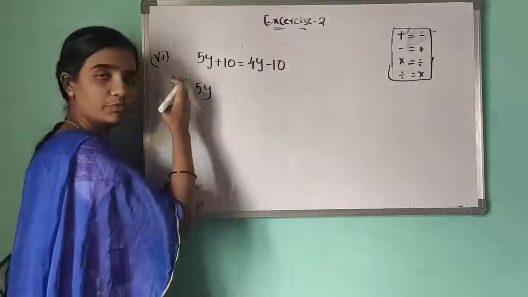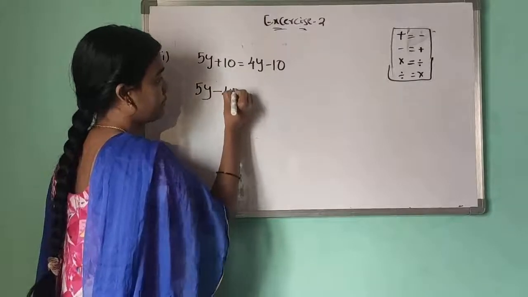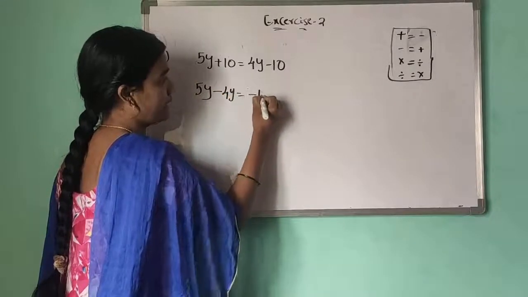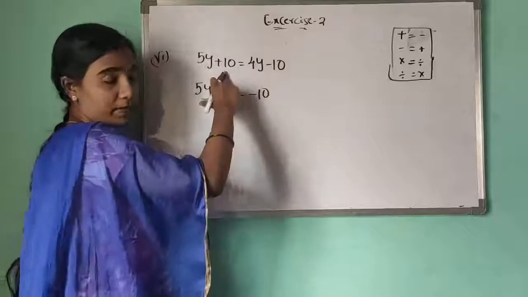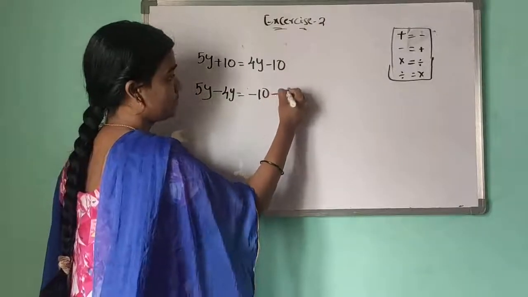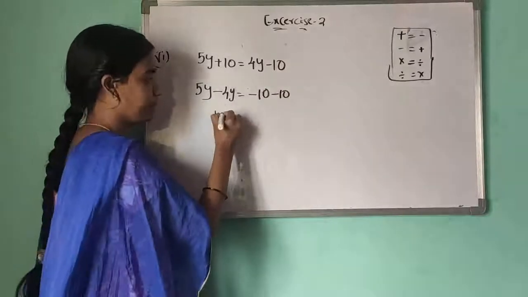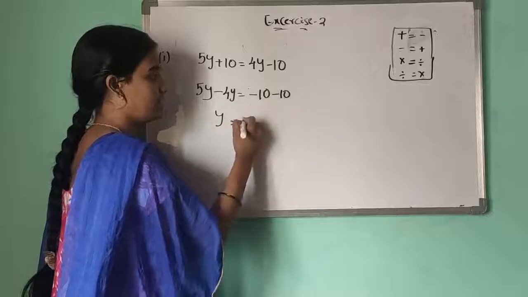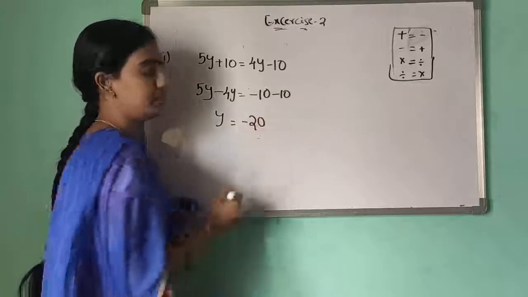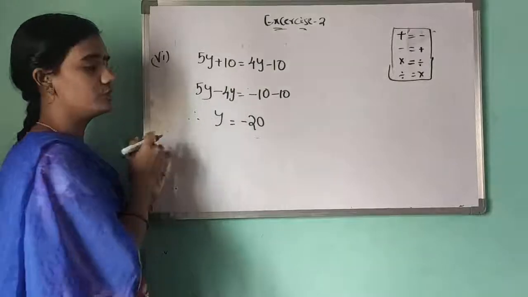If you move it to the left hand side, it becomes negative 4y, is equal to minus 10. My plus 10 is there. It will move to the left hand side. It becomes minus. Positive becomes negative. So 5y minus 4y, y equal to minus 10 minus 10, minus 20. Therefore the y value is equal to minus 20.